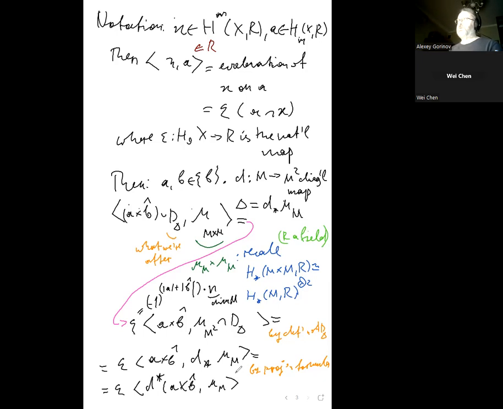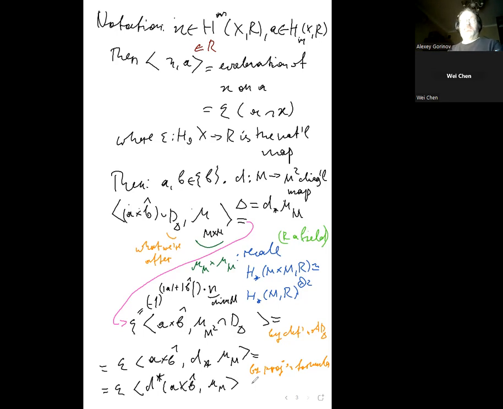Another way to state the projection formula in this setting would be to say that the operator lower star and the operator upper star are adjoint to one another with respect to the pairing between homology and cohomology.